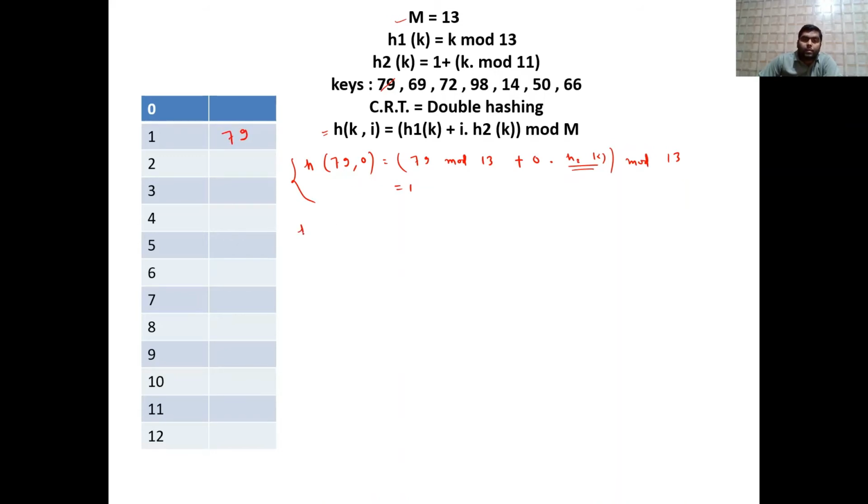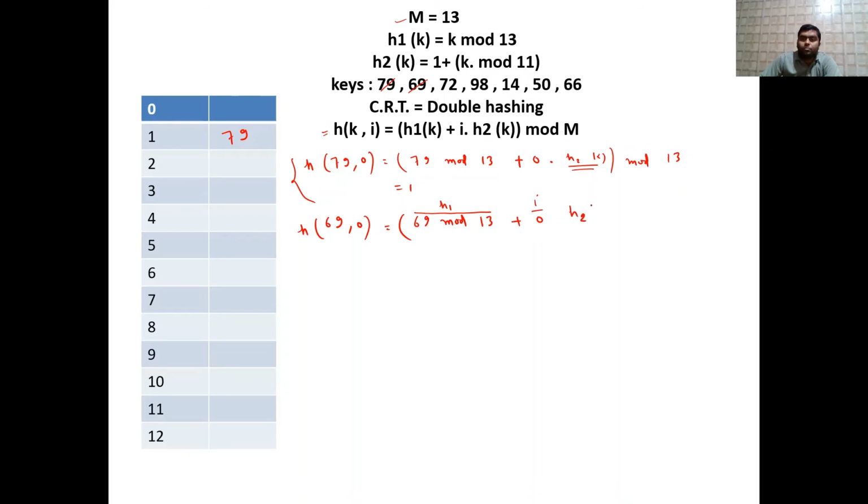Now what about the second key, 69. So h of 69 comma 0. Again 69 mod 13, this is h1. This complete thing is h1 plus i. I is 0 and this is h2.